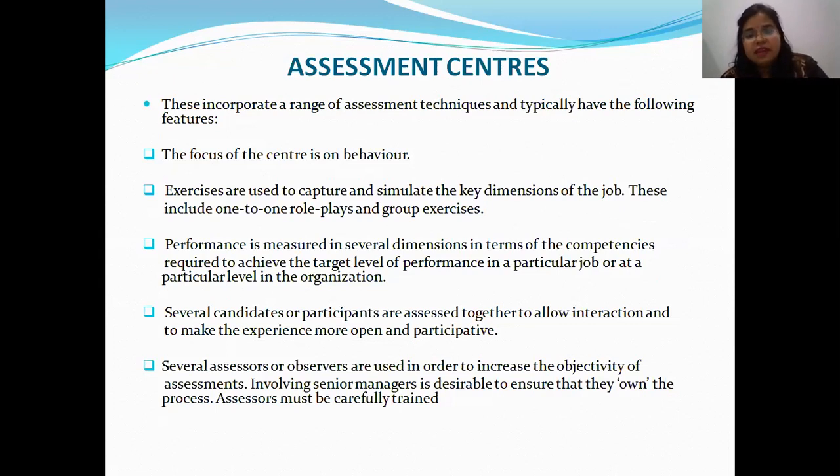Then there are several assessors, such as senior managers or observers, present during the assessment so that they are able to measure the performance of the candidate during these exercises, role plays and tools.